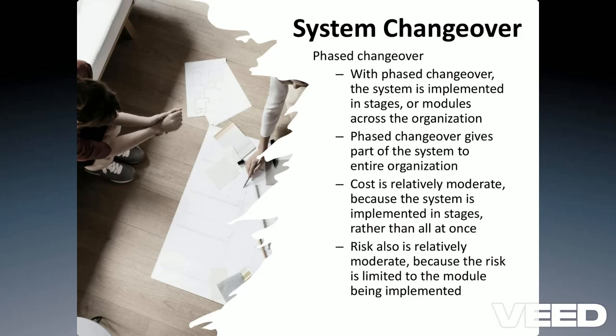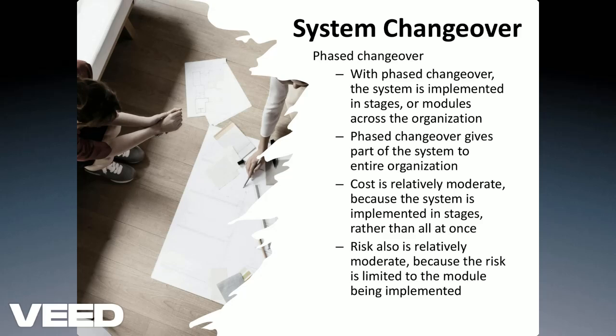So just like the pilot, phase also means that the installation of the system will take a period of time. It is not instantaneous because you'll be implementing module by module. Of course, there are instances where maybe the first two phases are successful, then we'll say instead of rolling out another phase, you just say, let's roll out everything else. Since it has been proven that it is effective, it is steady, and so on and so forth.